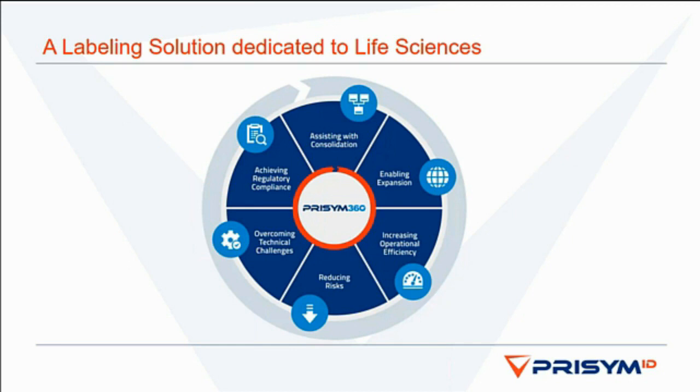Prism 360 is designed to address the specific challenges that organizations in this industry face, and that you can see on this screen. Changing regulations such as EU MDR need to be incorporated into the label and artwork processes appropriately and in time for when the regulations take effect.